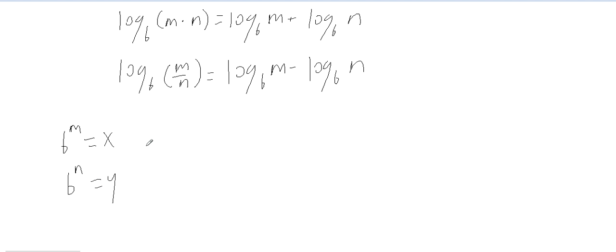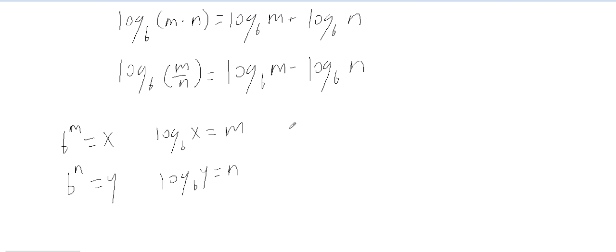Now if we move these into logarithmic form, that becomes log base b of x equals m, and log base b of y equals n. Now this is important to know what x, y, m, and n equal.